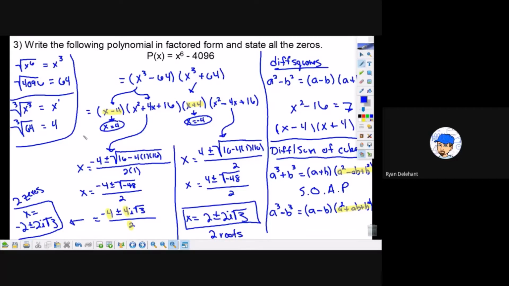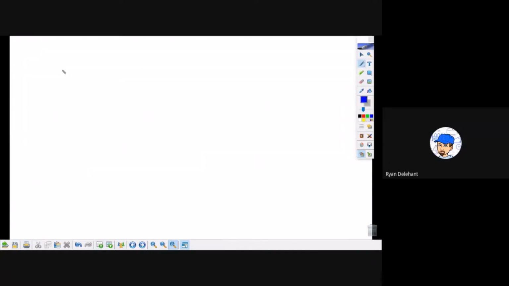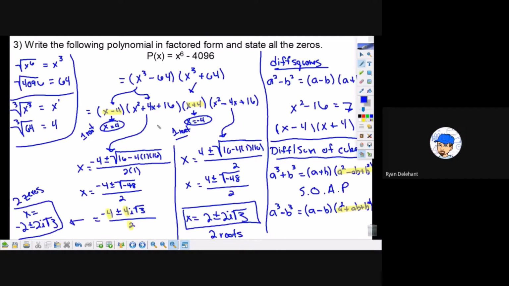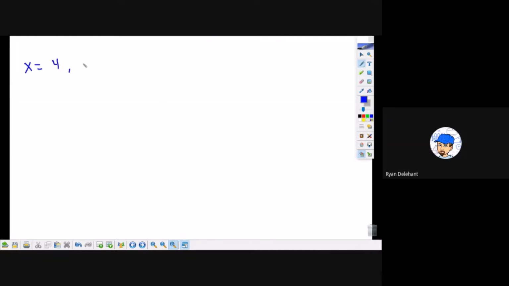So we found one root here, one root here, 2 in each of the imaginary things that we found. So we found all 6. So let's go through and actually list out our answers. So x equals, it was +4 and -4. And I'm going to separate these.